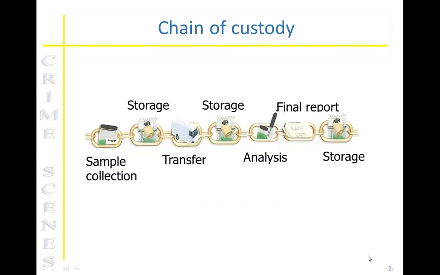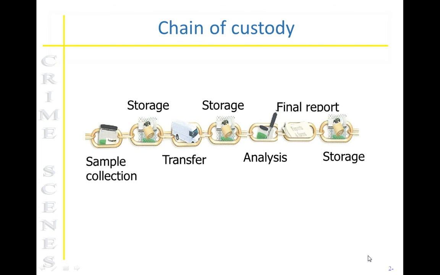So if we think of the chain of custody, it is going to begin with that initial sample collection, but it's going to go through several different steps, all of which would require written documentation for the tracking. So once the sample has been collected, it might be stored until it's transferred to the laboratory.